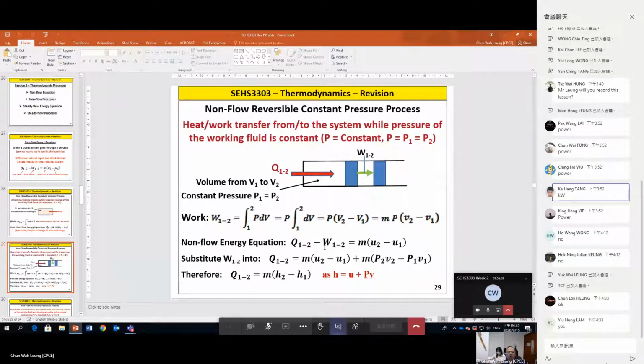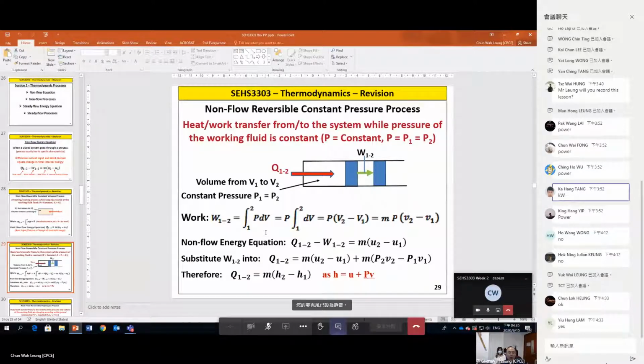Work equals the integral of PdV from 1 to 2. Now, in the last process, the constant volume process, there's no change in volume, therefore dV is 0. So basically we do not need to solve because everything is 0.